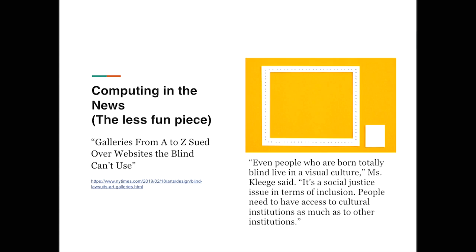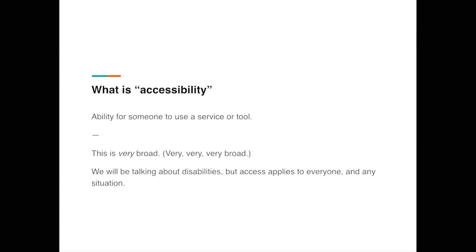They often say, well, if you have a visual impairment, why would you visit a website about images? Well, maybe someone's doing research. There's lots of potential reasons. But this is a reminder that if you're running a business and you don't make your content accessible, then the less fun thing is that you could be sued for it.